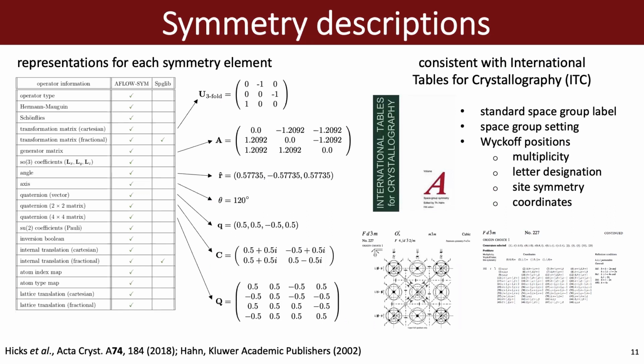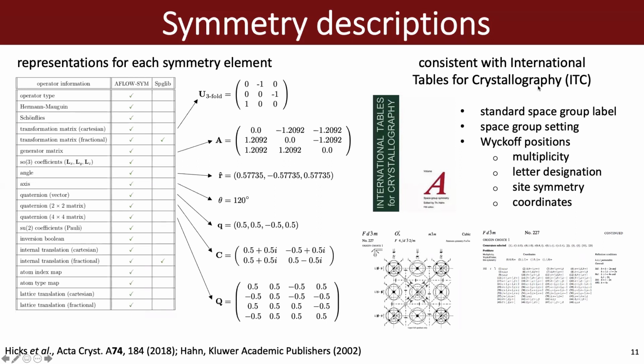So AFLOW provides many different representations for the symmetry elements. Here, this isn't an exhaustive list, but we provide many different representations. For example, we provide the different symbols for the symmetry operators, the transformation matrices in Cartesian and fractional coordinates. We provide Lie algebra, axis angle representations, also quaternions, and then also atom mappings that specify what atom indices map before and after the symmetry operation.